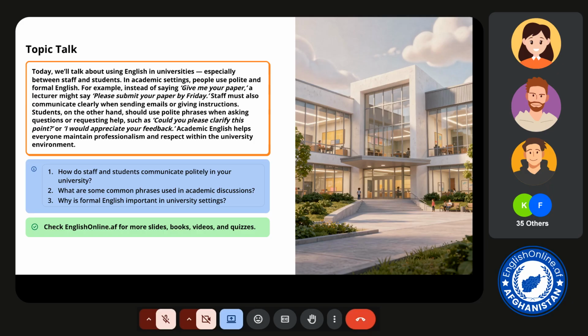Also, when we want to request something, we must say, for example, "I would like to request your assistance with this matter." In informal English speaking, we can say, "Can you help me with this?" Another example, when thanking: "Thank you for your prompt response."